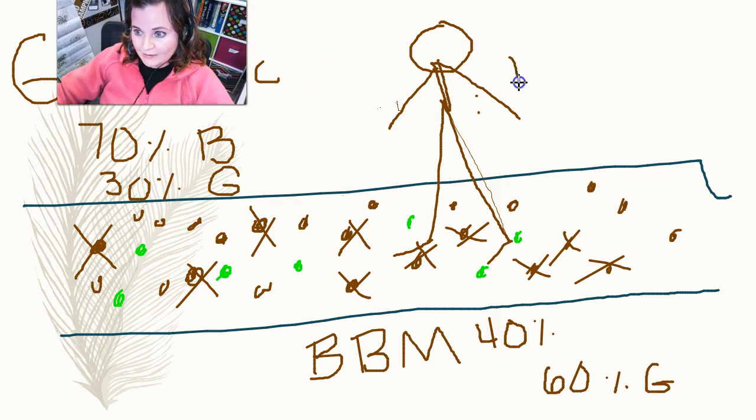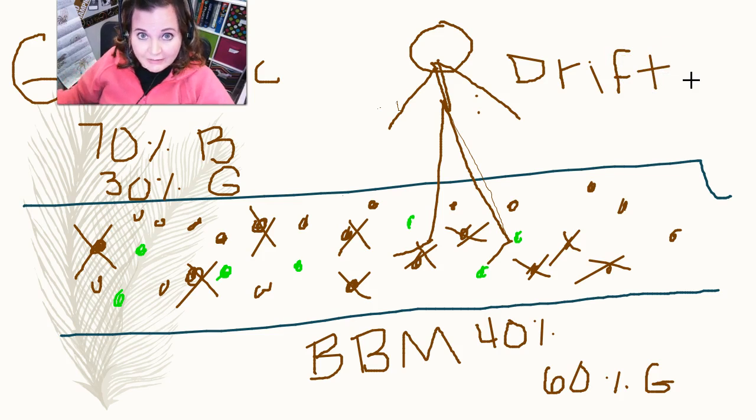So genetic drift is a change in the allele frequency by something that has nothing to do with the fitness of those alleles, those traits, okay? And that changes the frequency of that allele in the population.